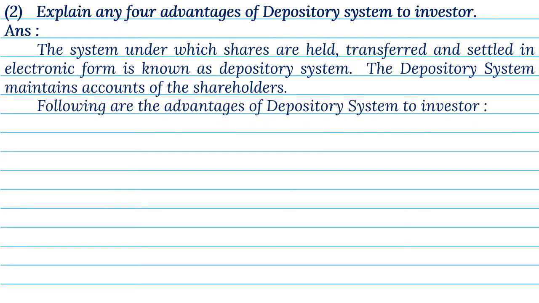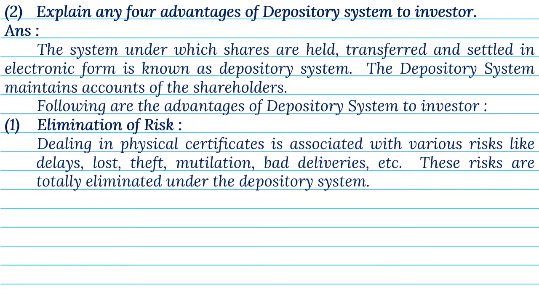Following are the advantages of depository system to investor. 1. Elimination of risk. Dealing in physical certificates is associated with various risks like delays, lost, theft, mutilation, bad deliveries, etc. These risks are totally eliminated under the depository system.